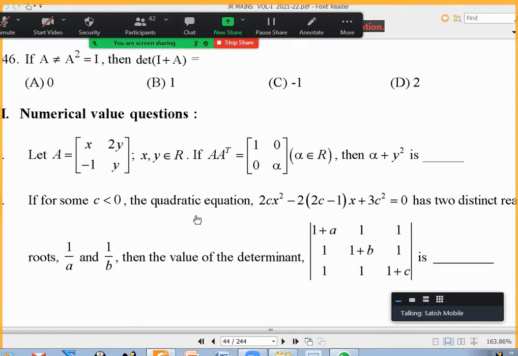Very first question here. A is equal to the matrix x, 2y, minus 1, y. And A into A transpose is the matrix 1, 0, 0, alpha. And what is alpha plus y square?